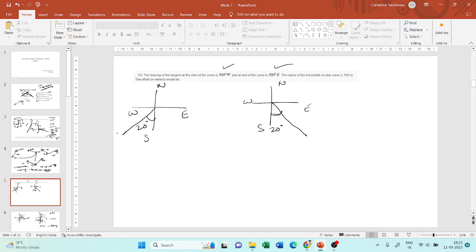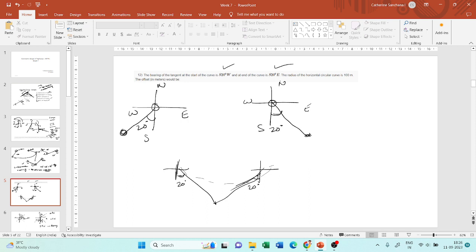So which is the joining point? It is this, because measurements have been made with respect to this point, right? So I have to connect these two here. So this will be my final direction. This is my starting tangent, which is 20 degrees, and this is my ending tangent, which is 20 degrees. So my curve will come somewhere like this.